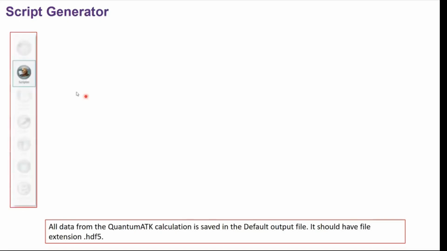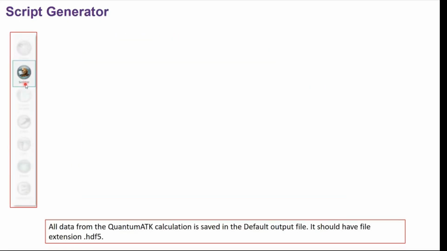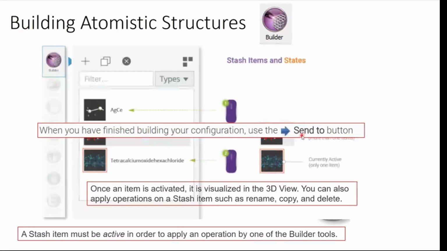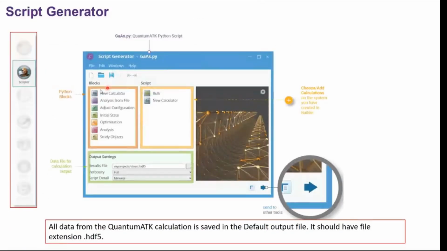Now the script generator. In this script generator, suppose I have designed this structure and I want to simulate it. You simply go into this one and the send button, and here it will ask what kind of analysis you want. We have different kinds of analysis and different calculators.